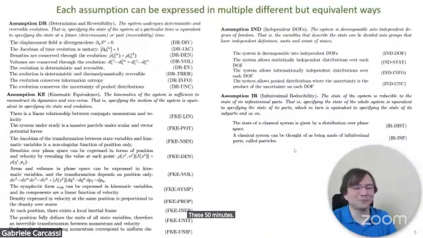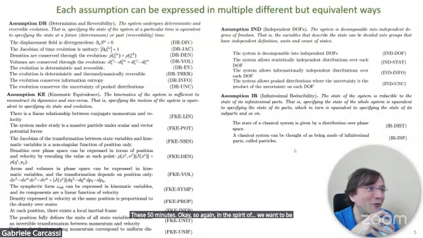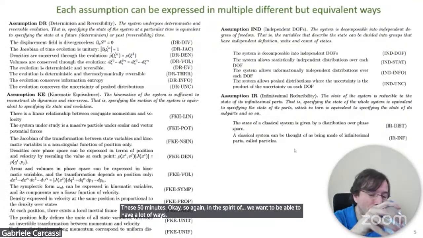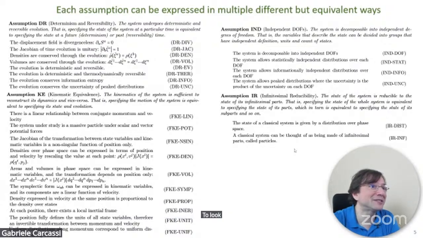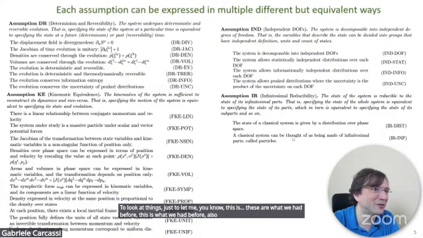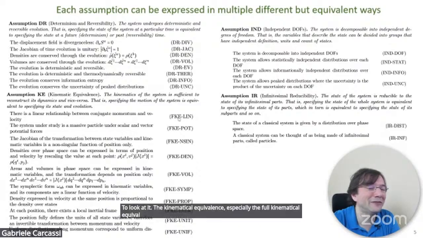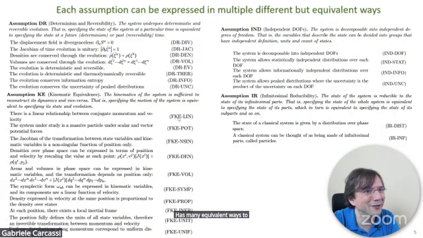Okay, so again, in the spirit of we want to have a lot of ways to look at things, this is what we had before. Also, the infinitesimal reducibility, there is a couple of ways to look at it. The kinematic equivalence, especially the full kinematic equivalence, has many equivalent ways to look at it that are very interesting.